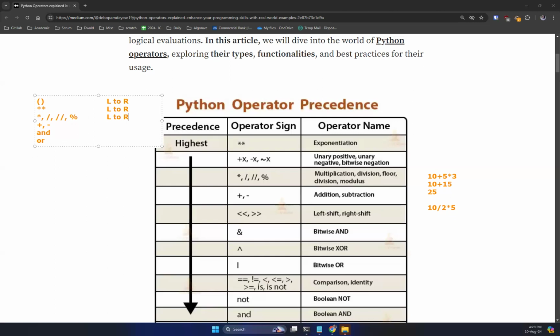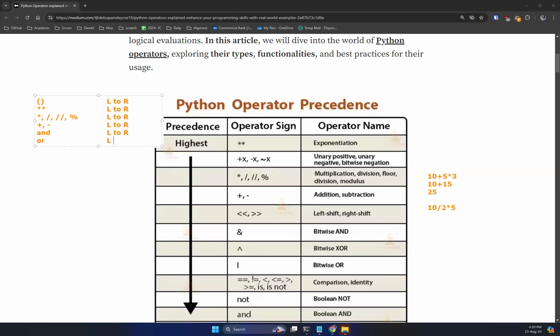Plus and minus, also left to right. There is a set of operators which go right to left as well. The and operator and the or operator also have left to right. Therefore, all together what we have here is left to right.